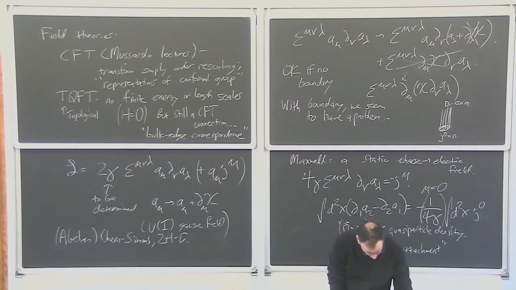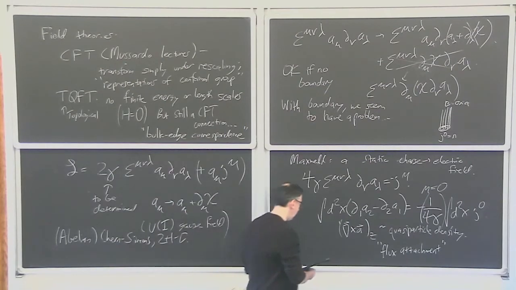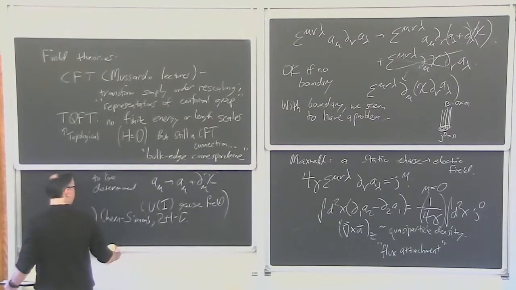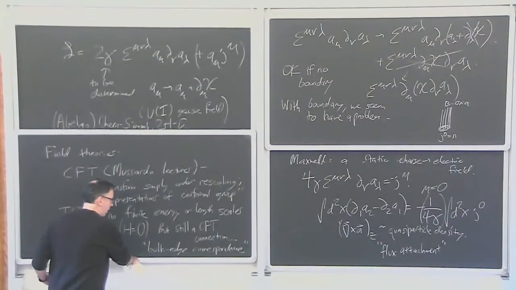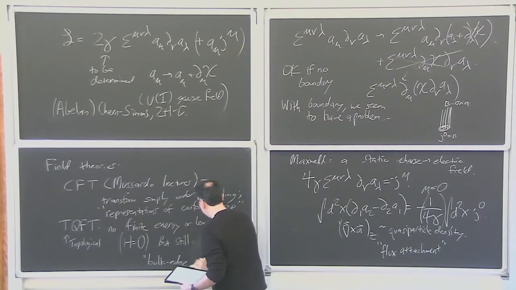So now we can go in and choose gamma to get whatever statistical angle we want. And if we want quasi-particles to have statistics of 2π/3, for the Laughlin states, say, that tells us what gamma has to be.